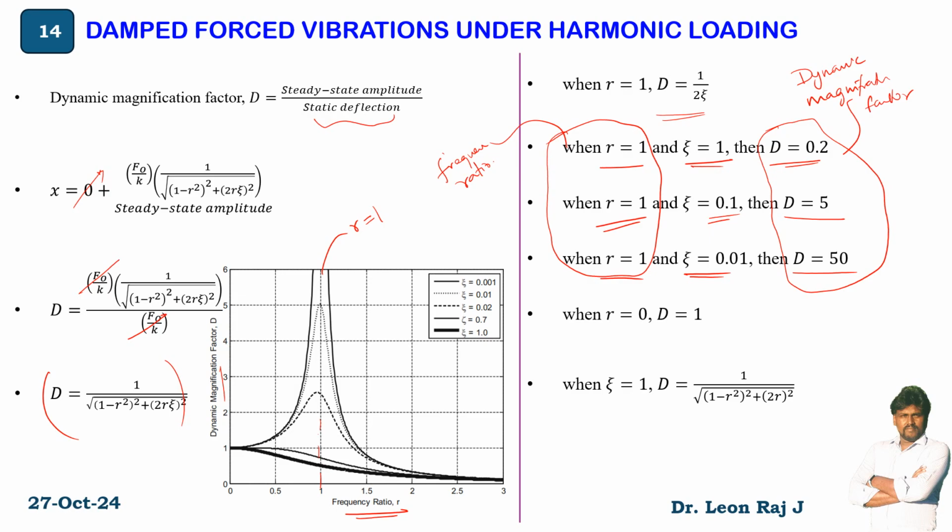Dynamic magnification factor. For different psi values, that is, for different damping coefficients, when xi equal to 1, this is nothing but critical damping.